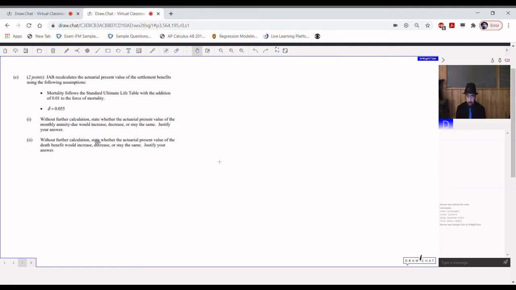Because you're living longer. You're likely to need to make payments for longer. But interest went up. That means that subsequent payments, obviously the first payment is worth $4,000 because it's right now. Future payments will be worth less than they would be. You have these two competing factors. Trying to tell whether the net effect is going to increase or decrease when you have two competing factors, that's hard to figure out without calculation.